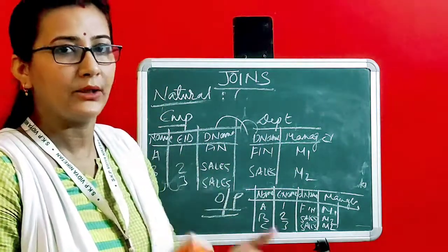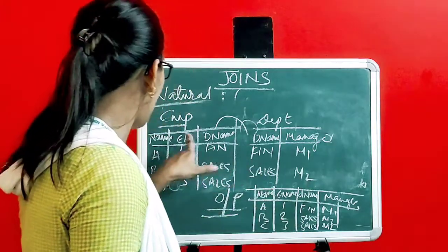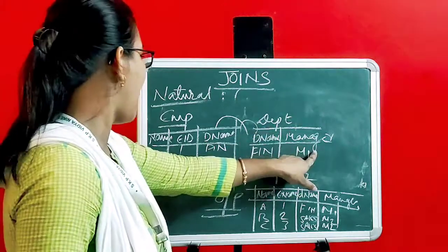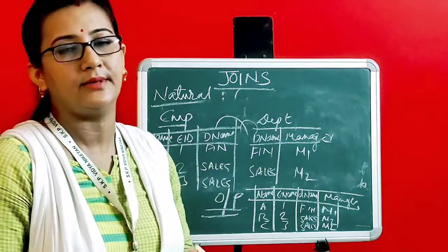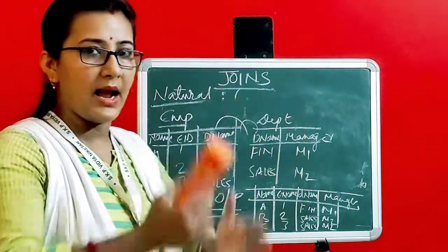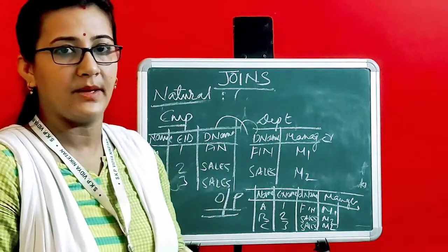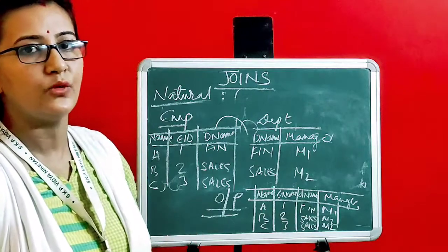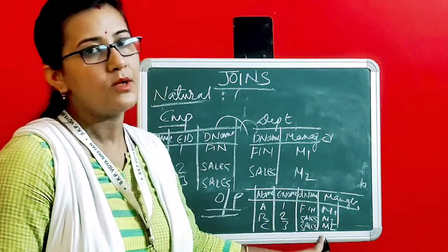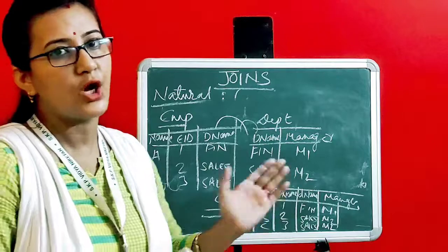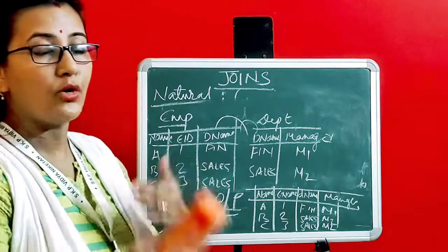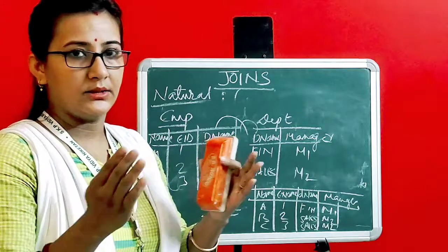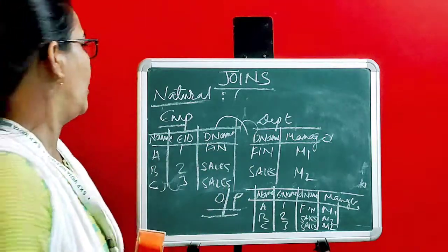If I perform equi-join on these two tables, it will display name, EID, DName, again DName, then manager, means total 5 columns. Whereas in natural join, the identical column is removed and taken as a single column. So this is the difference between equi-join and natural join. I'll provide you notes regarding the joins, which you can go through.